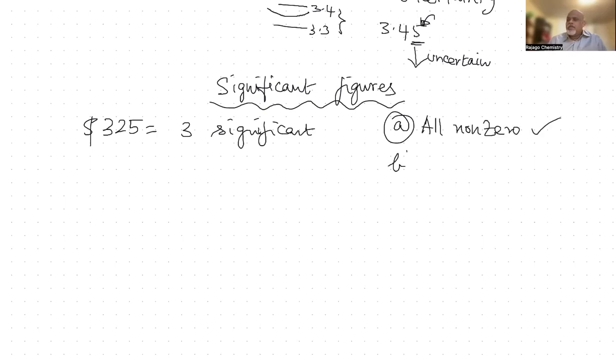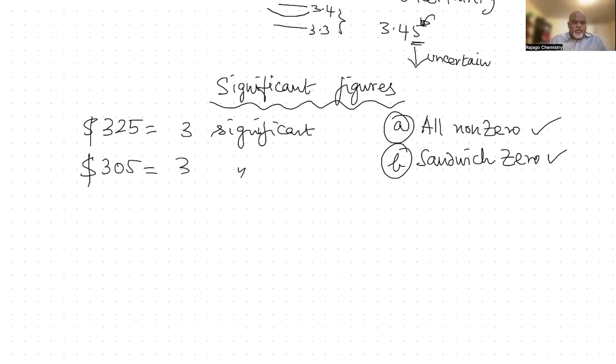The second rule is that sandwiched zeros are also significant. Let's say that I have to give you $305. There are three significant numbers. I'm not going to remove the zero and say I am going to give you $35. So 305 has three significant numbers.